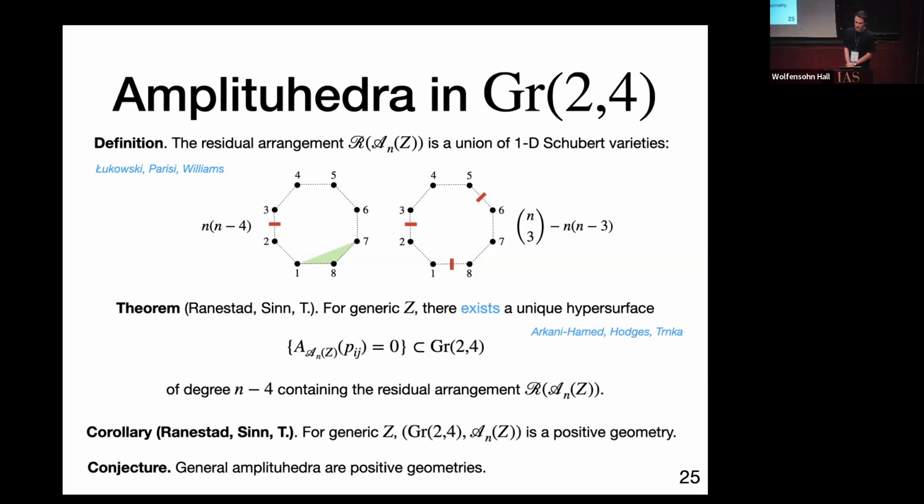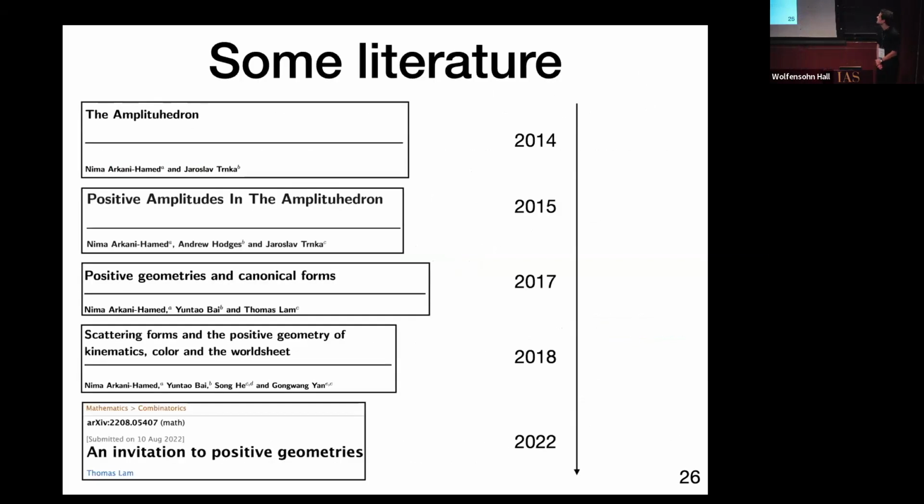All right, this is already the last slide. So here's some selected literature. This is the Amplituhedron paper from 2014 that I referred to before. This is the paper in which Nima, Andrew, and Yara argue existence of an adjoint.